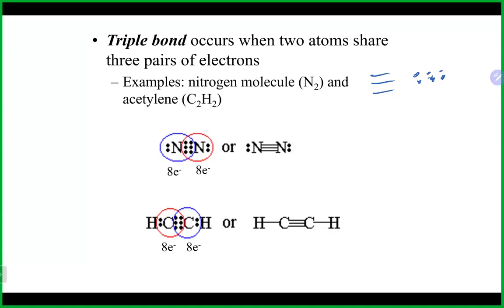What makes it necessary in most cases is somebody has not met the octet rule through single bonding. You should think of using double bonds and triple bonds as a way to fix that problem. And you usually go in that order, which will get you the right picture. You want to double bond first, and if that doesn't fix the problem, then you want to go to a triple bond. So usually when you're drawing Lewis structures, that's the order you want to think about.